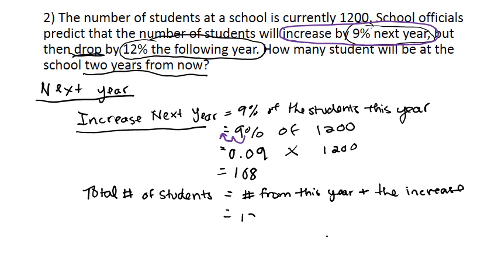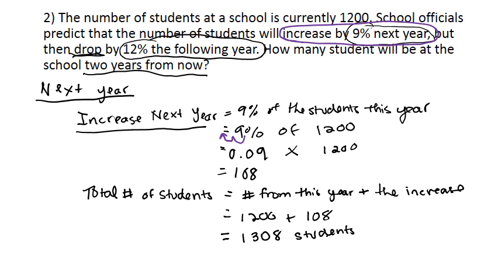So that would be 1,200 plus 108, which would be 1,308 students. So that means that next year there will be 1,308 students.